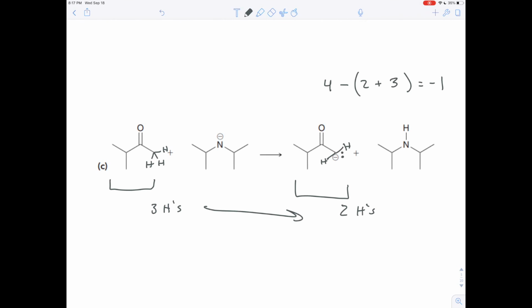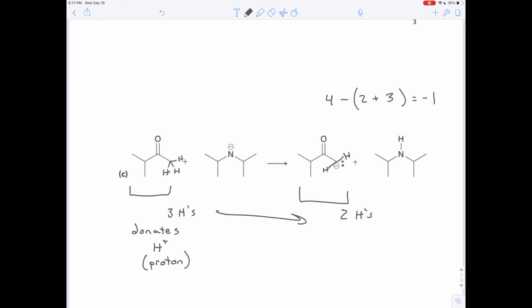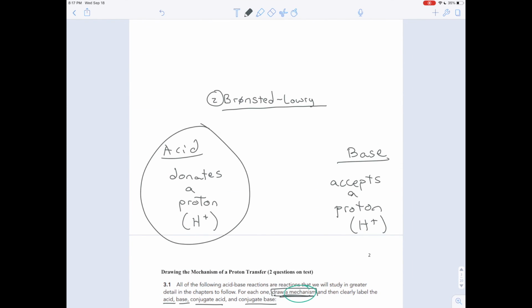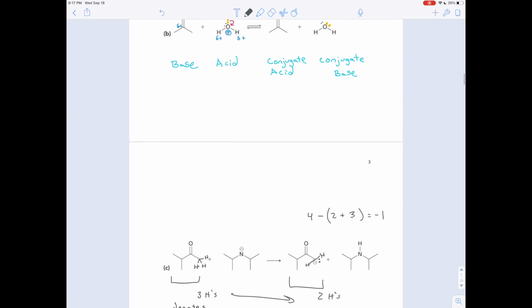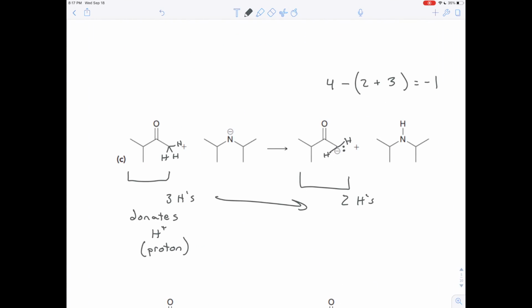And so if you go from 3 to 2, that means this molecule had to give away, it donates an H+. A molecule that donates an H+, which is just another way of saying a proton, in the Bronsted-Lowry definition, is an acid. So here, this molecule is going to be an acid.